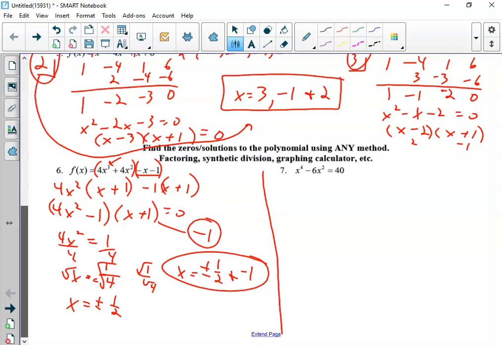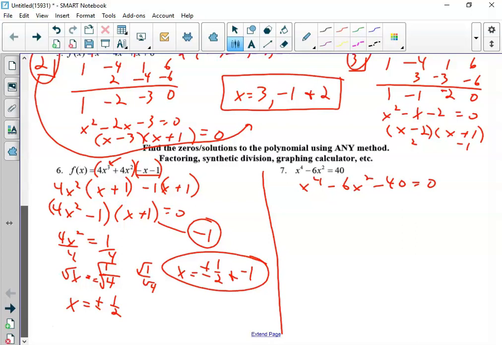Okay, this one, I need to move the 40 over first. Now, some of you could have done synthetic division, found your P's and Q's for 40. And I'll tell you right now, to check yourself by putting that in the graphing calculator. And if you put that in the graphing calculator and look at the table, you're not going to find any zeros.